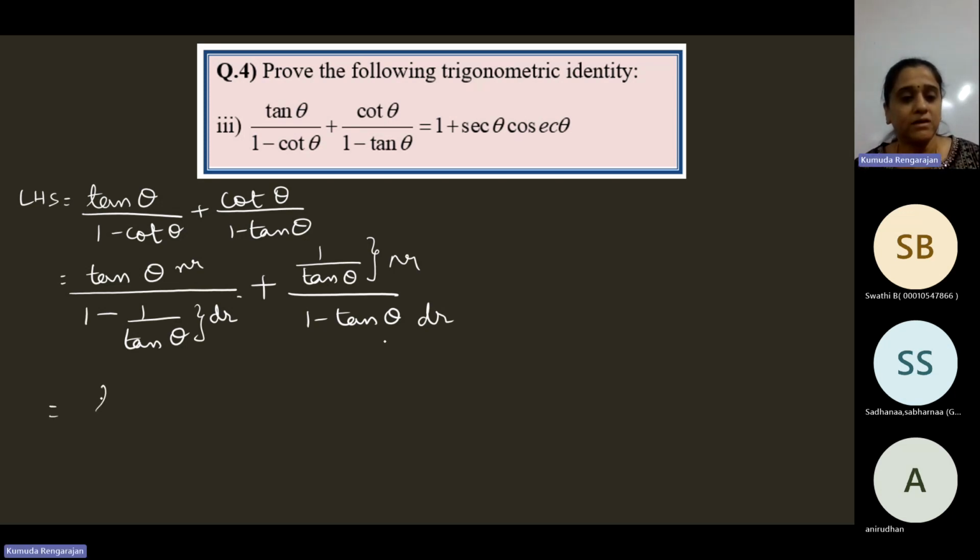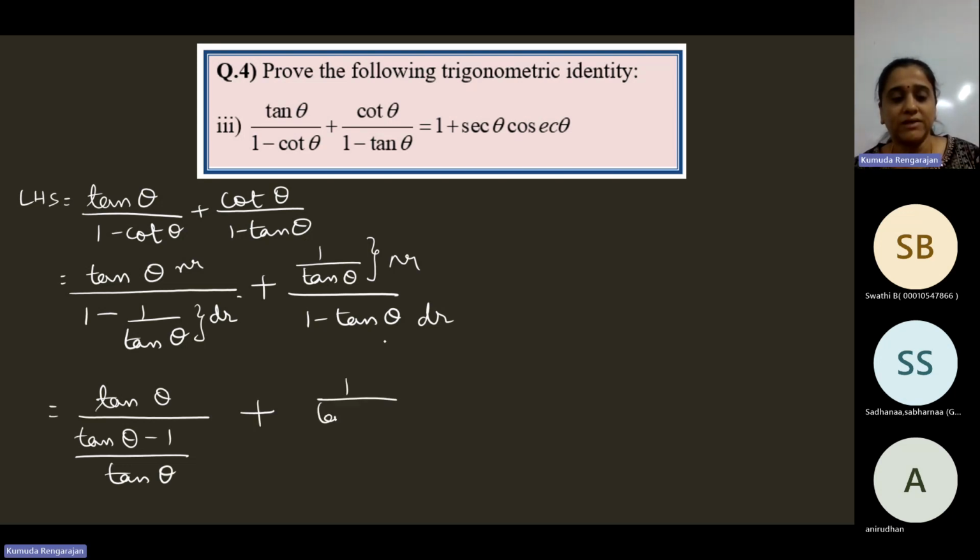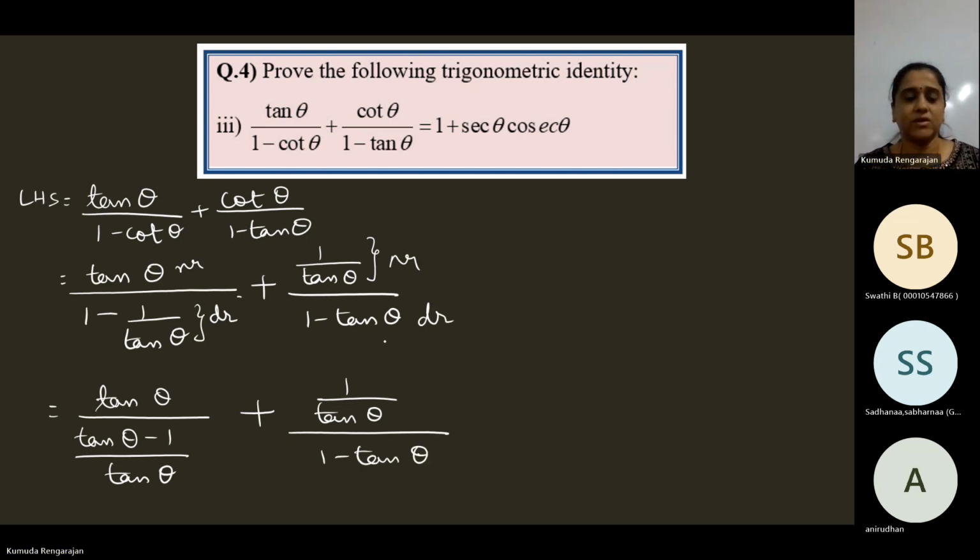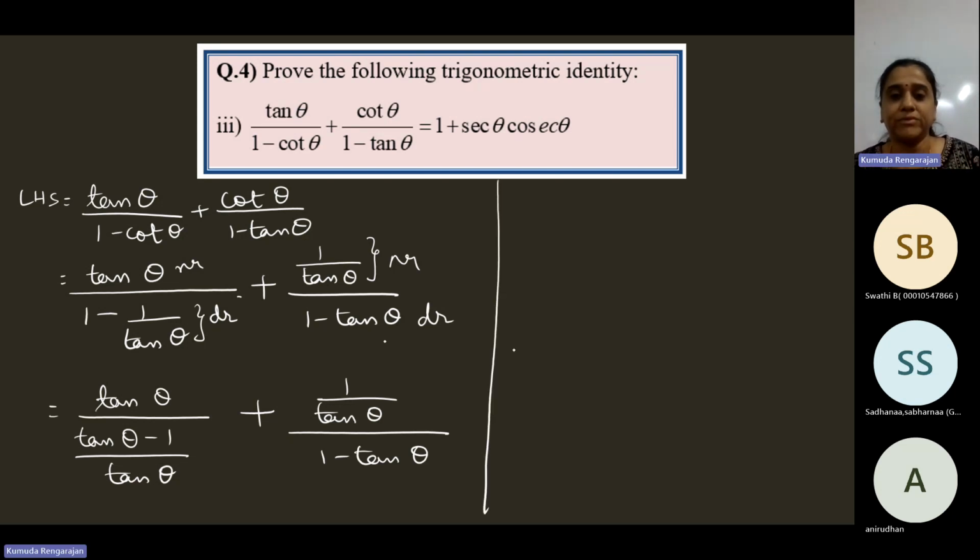Is equal to tan theta by, on taking the LCM, you'll get tan theta minus 1 by tan theta, plus here 1 by tan theta divided by 1 minus tan theta. Nothing can be done here. Next step, which is the numerator? This one is the numerator, no? This is the numerator divided by this one.